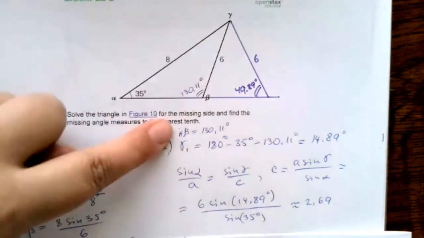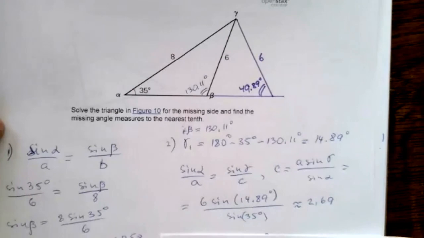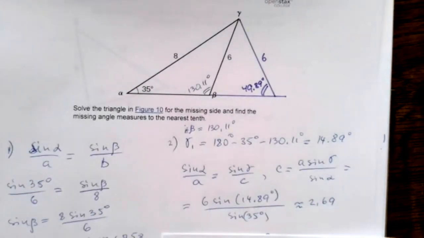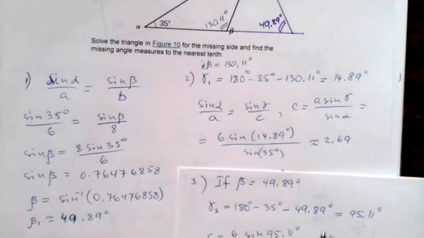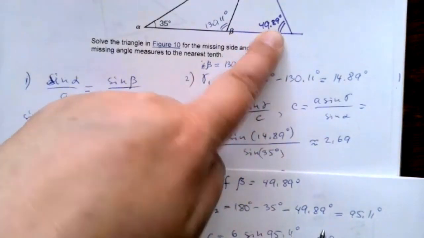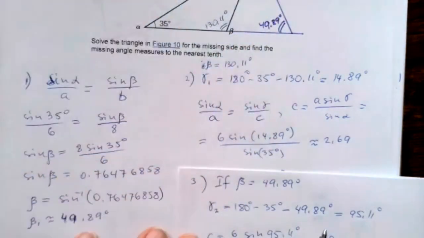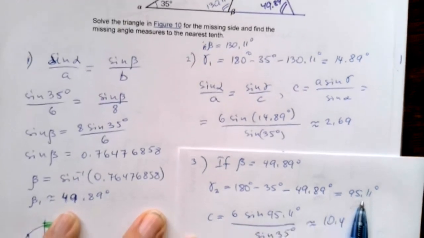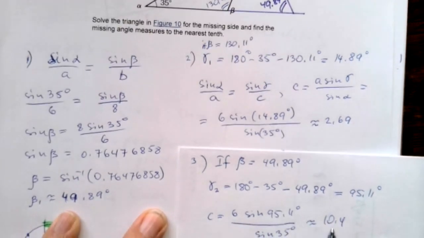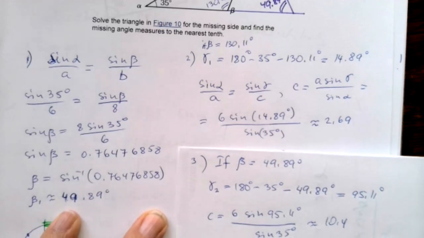So a small angle gives us a small side across from it. But if beta is actually 49.89, then we have a slightly bigger gamma, 95.11, and then the side across from it is going to be 10.4 units. So that's our example 2.